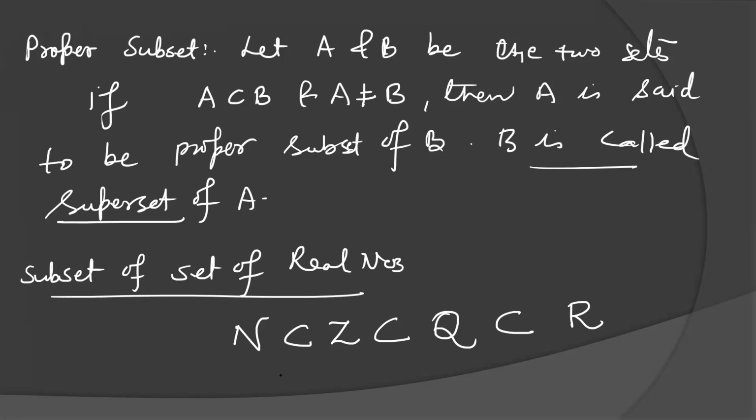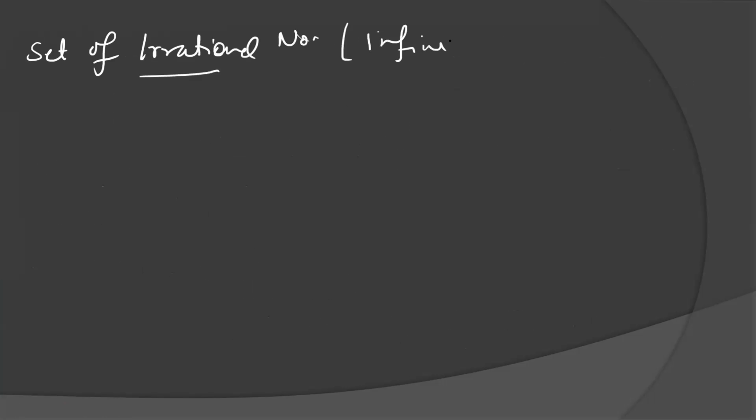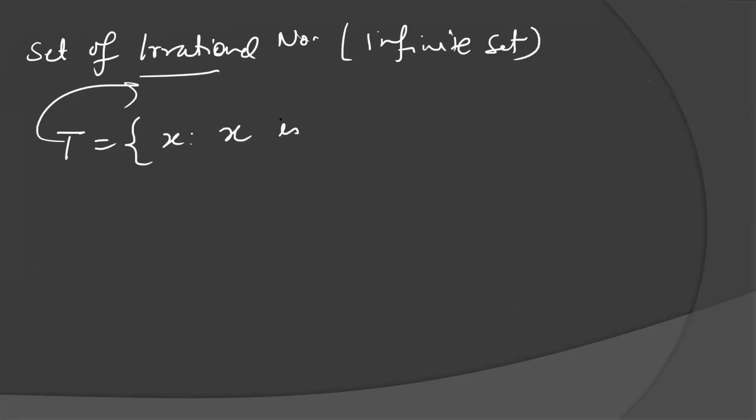One important point here, if we take the set of irrational numbers, then it will be very interesting. How do we define it? The set of irrational numbers is an infinite set, so we cannot represent it in roster form. The only form is set builder. Suppose T is the set of irrational numbers. So T is the collection of all x, with x belonging to the real numbers, but x is not a rational number.